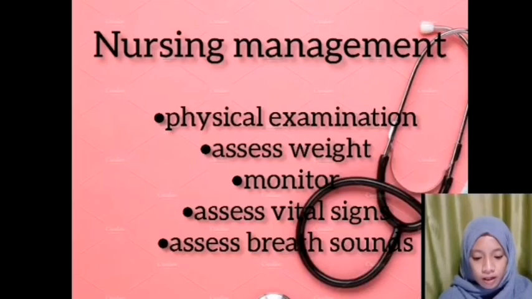Monitor fluid intake and output every 4 hours to know the progressing condition of glomerular filtration. Assess vital signs and monitor BP and pulse every hour to know progression of hypertension and as a basis for further nursing intervention or referral. Assess breath sounds. Assess for adventitious breath sounds to know of a possible progression in the lungs.